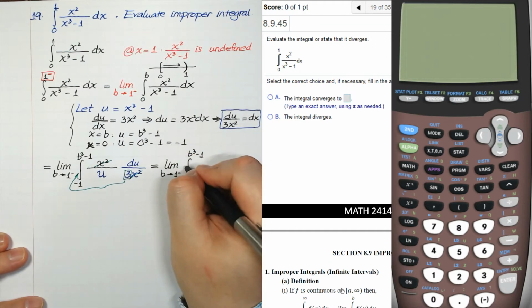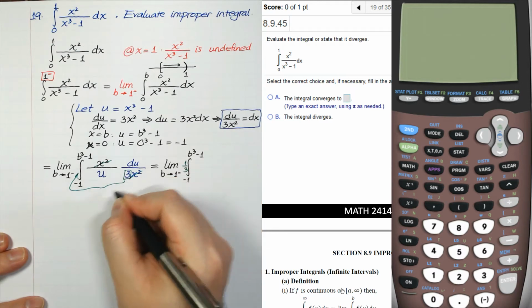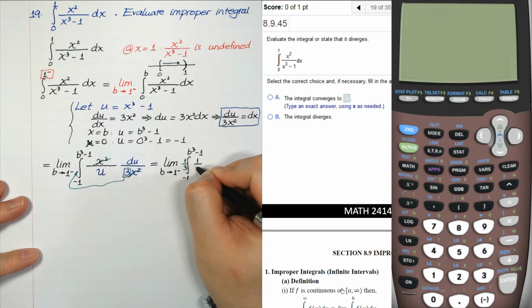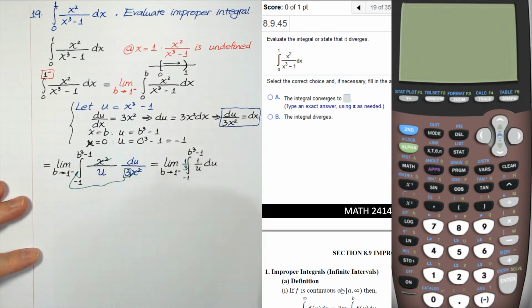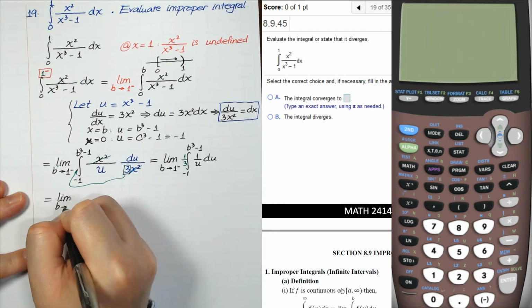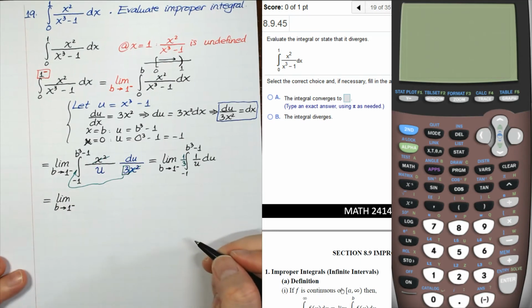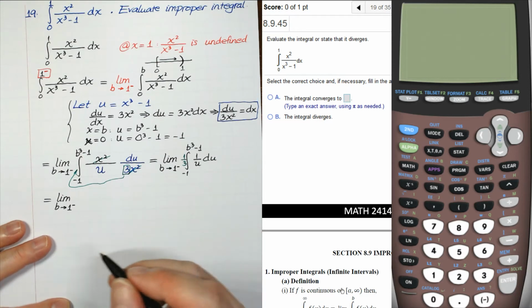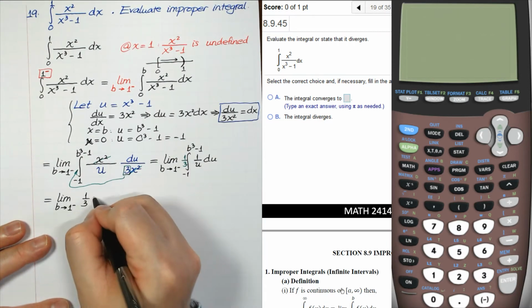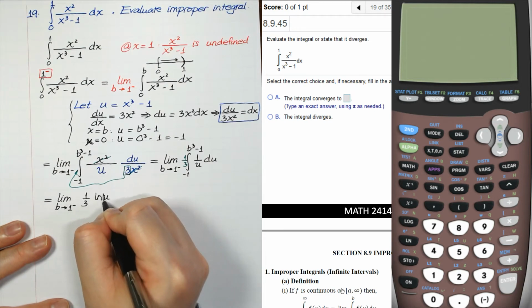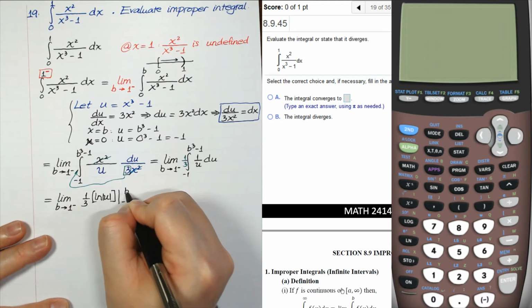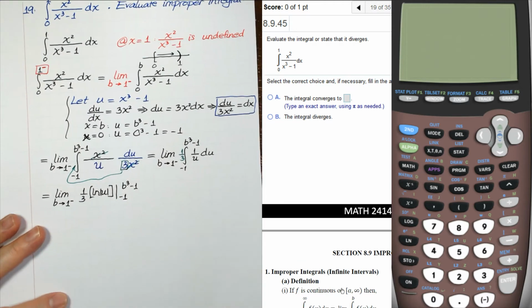We have the 1/3 outside, and everything seemingly fine. We just have 1 over u du. Right, it's 1/3. 1 over u integrals ln of absolute value of u from -1 to b cubed minus 1.